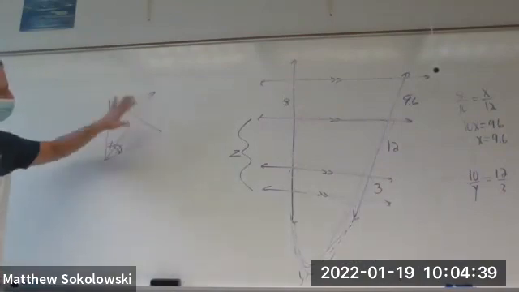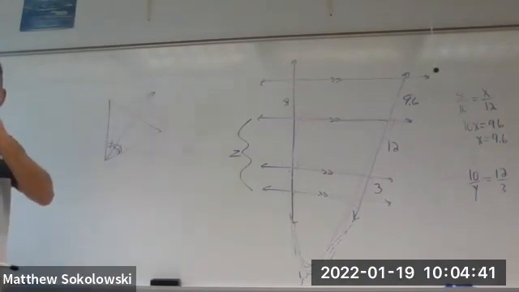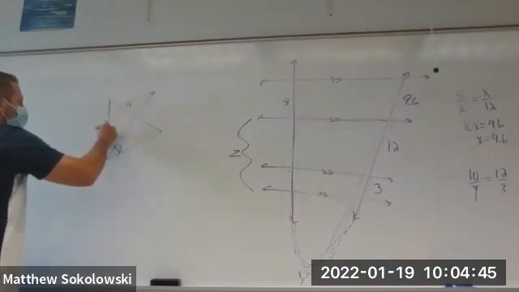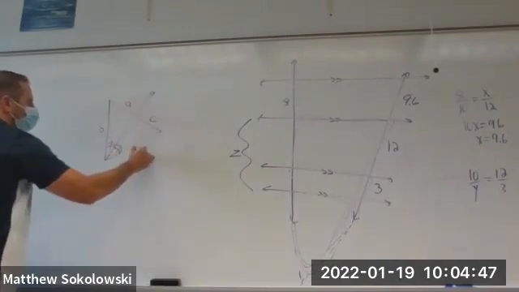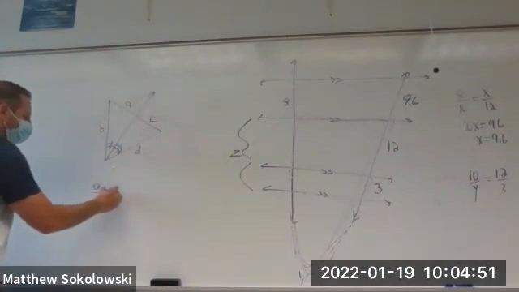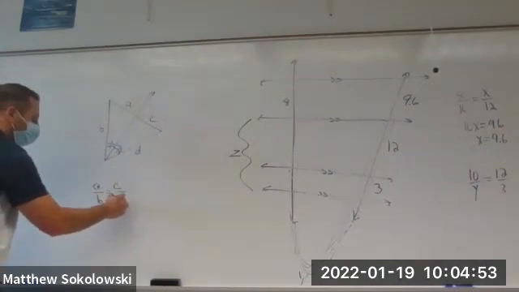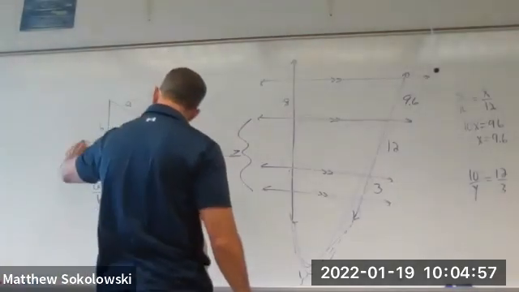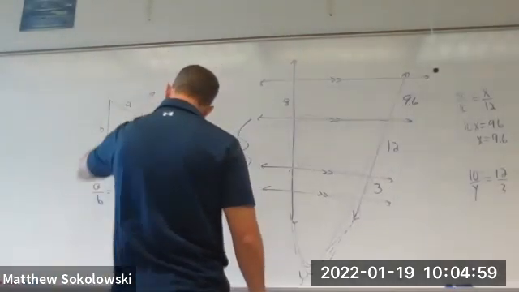It divides this triangle in half proportionally. A, B, C, D. A over B equals C over D. That side forms a ratio that's equal to this side over here.